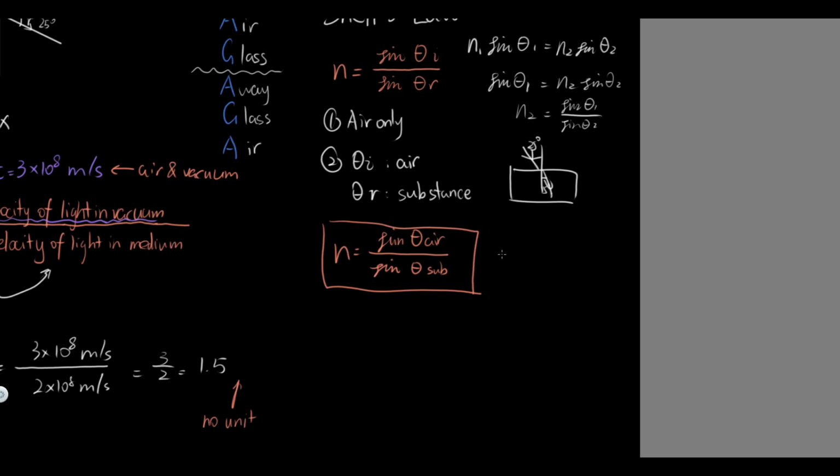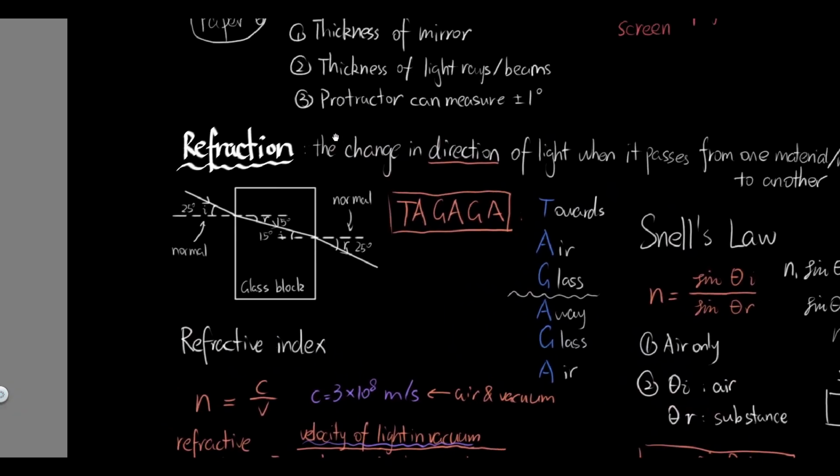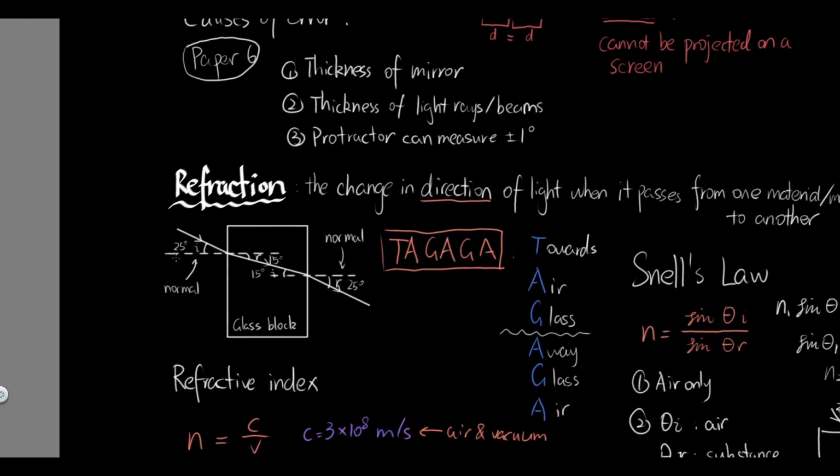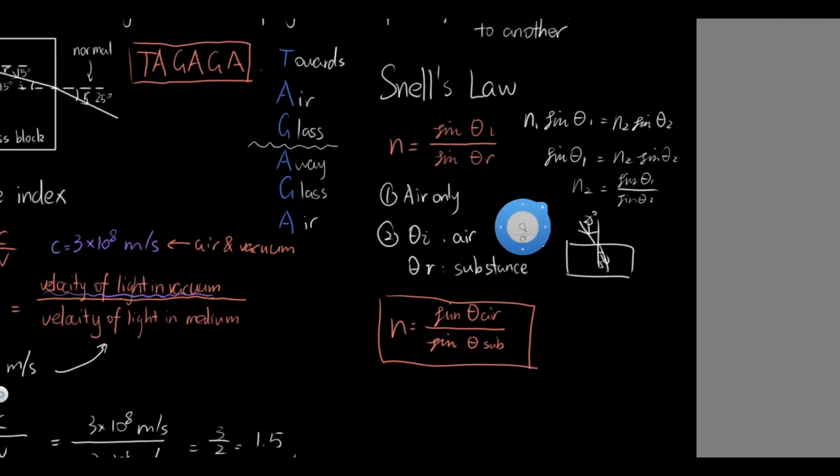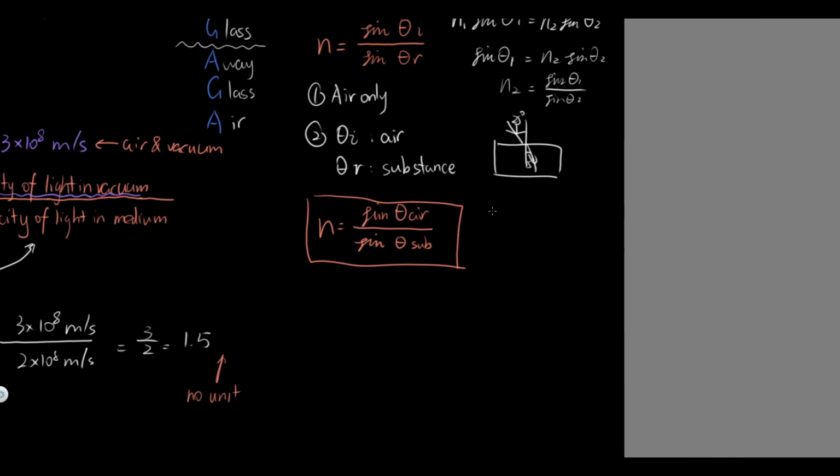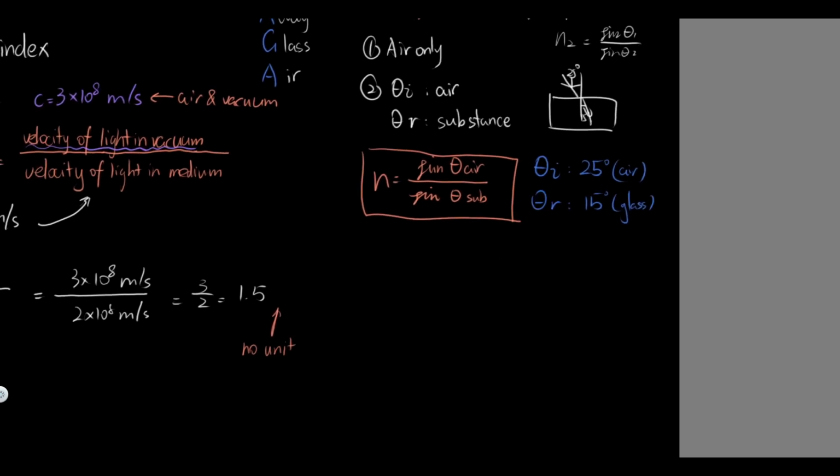Now let's do a real-life problem. Let's take our 25 and 15 example. We know that theta i is 25 degrees and theta r is 15 degrees, where the first is in air and the second is in glass. Now we would like to calculate the refractive index of the glass.